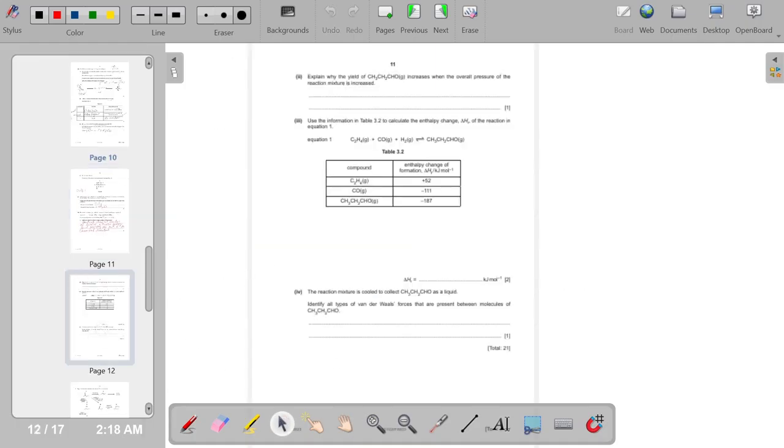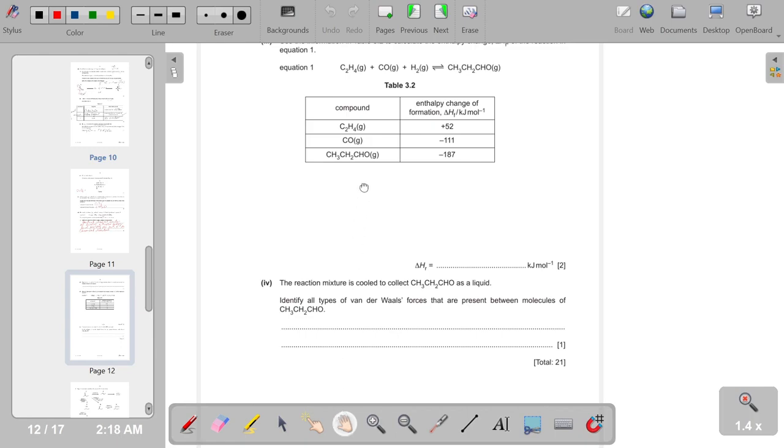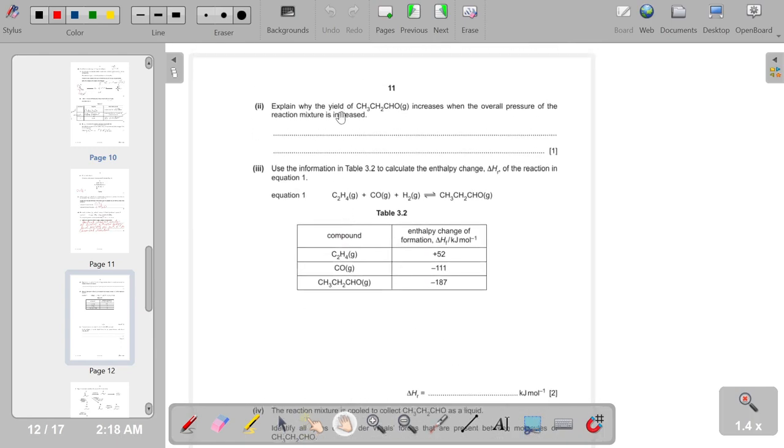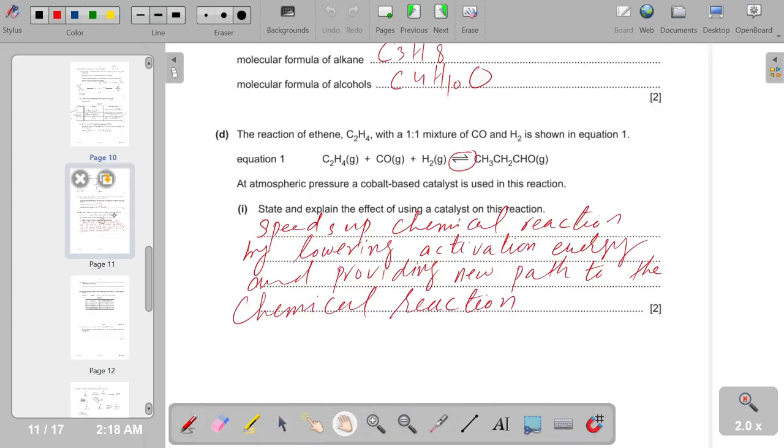Here it is. Why does the yield of CH3CH2CHO increase when the overall pressure of the reaction mixture increases? You can see this is from equilibrium. So when we increase the pressure, let me count the number of moles.